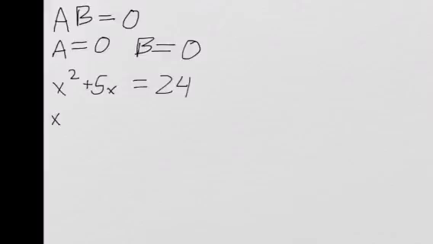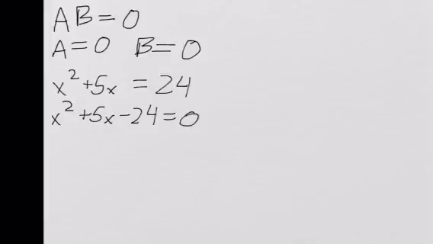Instead, I can subtract 24 from both sides. So I get x squared plus 5x minus 24 equals 0. So that will factor as x plus 8 times x minus 3.